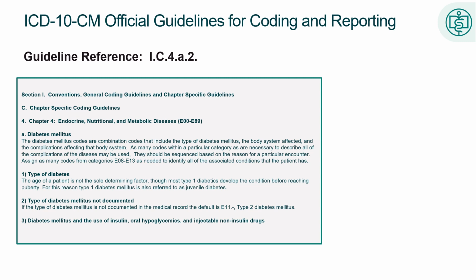From here, we would find indentation for A for diabetes mellitus, and then we would reference further down to 2 for the types of diabetes mellitus not documented. Furthermore, on G13, there is a figure at the top right of the page that will help us understand more on how to report this guideline.